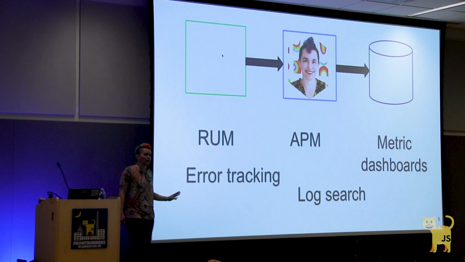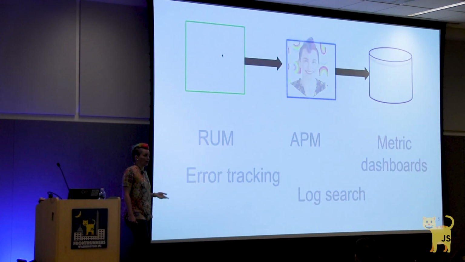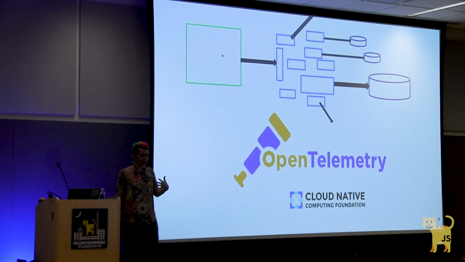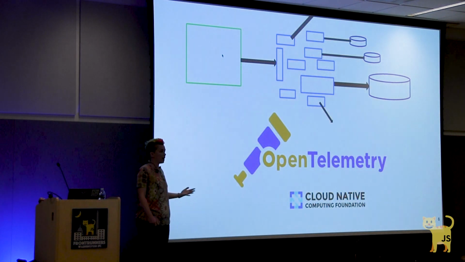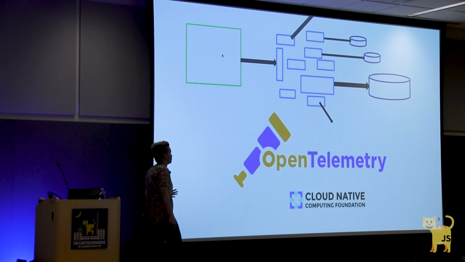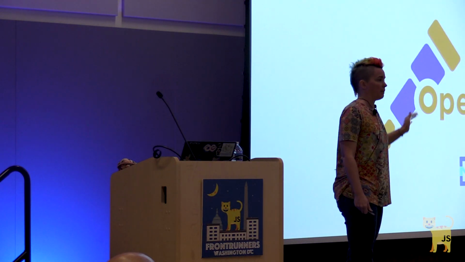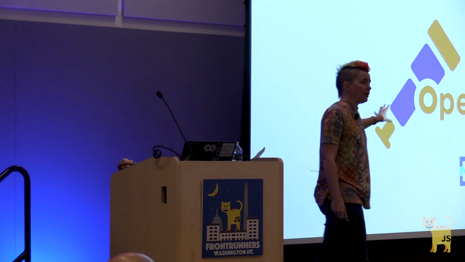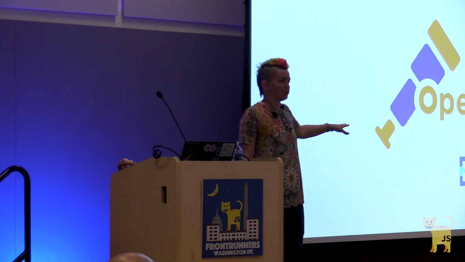And these things are generally separate. That's not good enough anymore in the new world where things are cloud native and there's lots of them running and you don't know how many of them are running. We need something better. Today I'm here to talk mostly about OpenTelemetry.